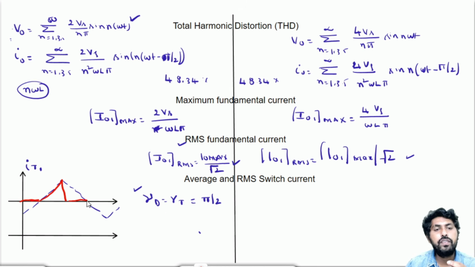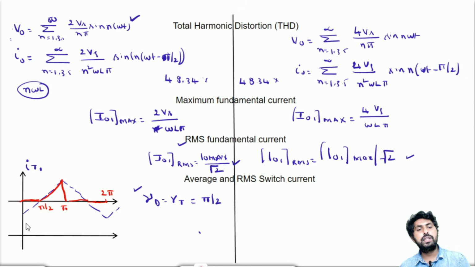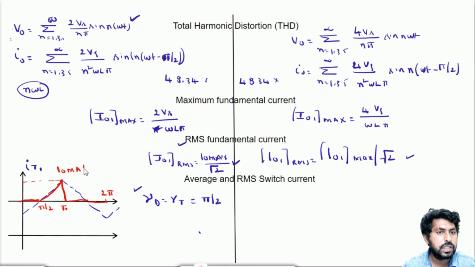So IT1 will be like this, conducting from pi by 2 to pi. So this is IT1, and this maximum will be the I0 max, which is equal to Vs by 8 LF.